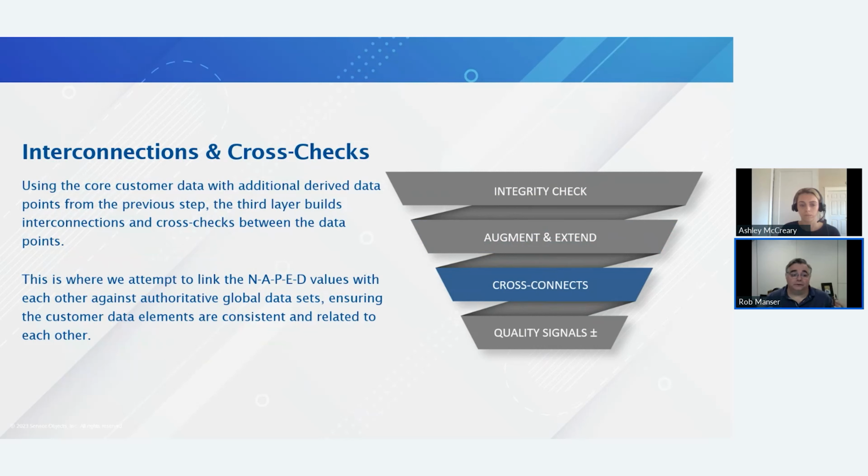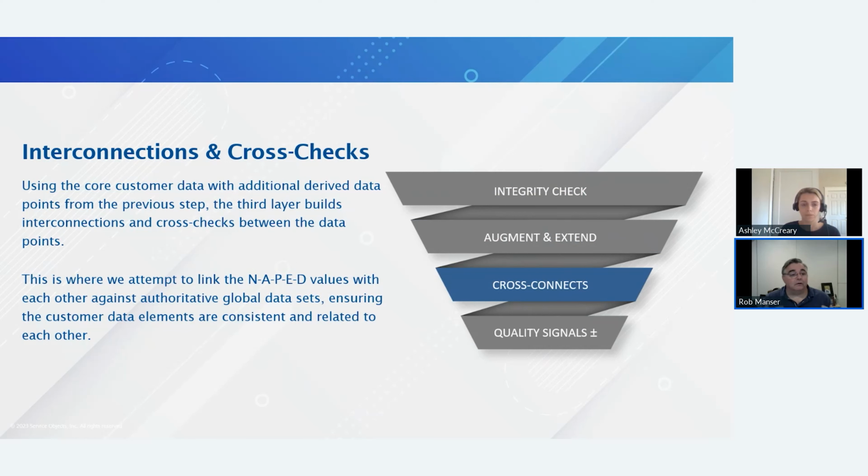And we build those interconnections, and then we compare those interconnections to see if they're actually who they say they are. For a simple example, we might cross-check the name and the address the customer provided on a web form with the name and address we were able to derive from the phone number they also provided, as well as maybe look at the location that their IP suggests they are.